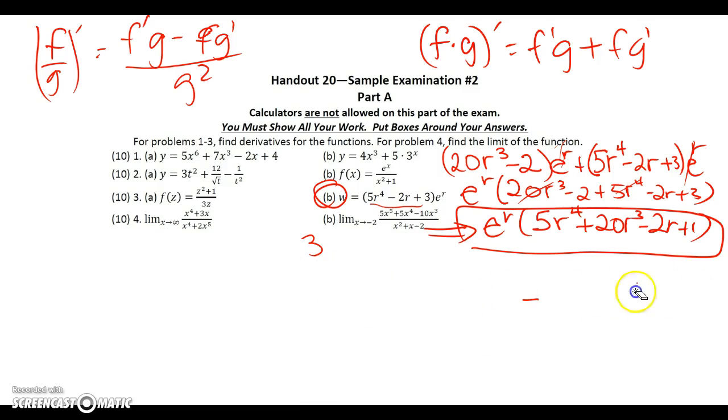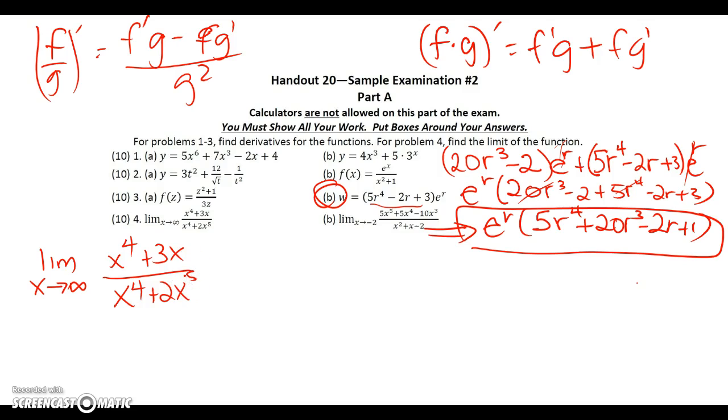When we originally look at this, it's the limit as x goes to infinity of x to the 4th plus 3x over x to the 4th plus 2x to the 5th. Truly, we want to pull out the largest exponent that we have there. So we're going to pull out x to the 5th, so that what we have over here is an x to the 5th over an x to the 5th. So if I pull an x to the 5th out of x to the 4th, I have 1 over x there, don't I?